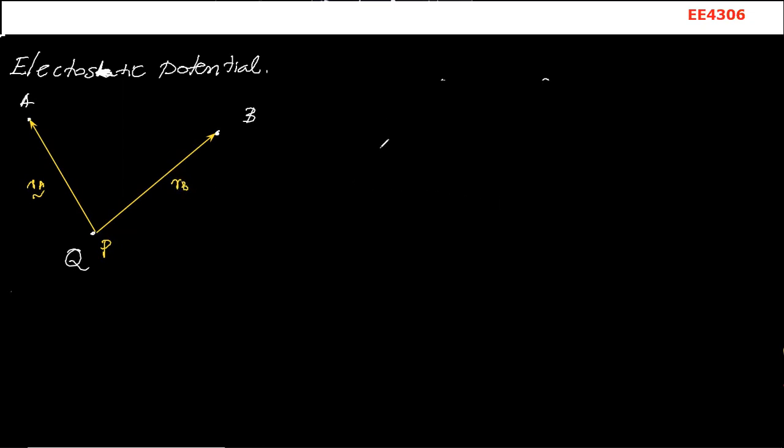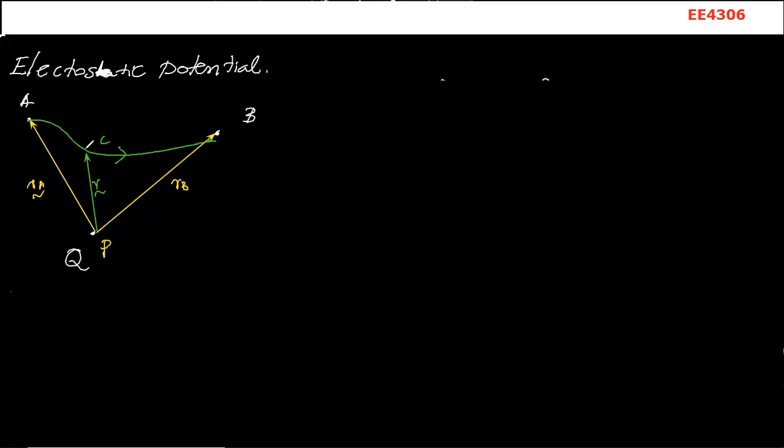Just assume this is the contour path C1, and you can refer here to the variable vector RA.